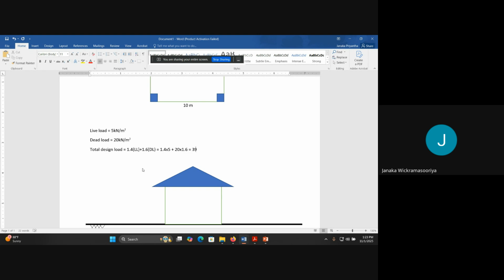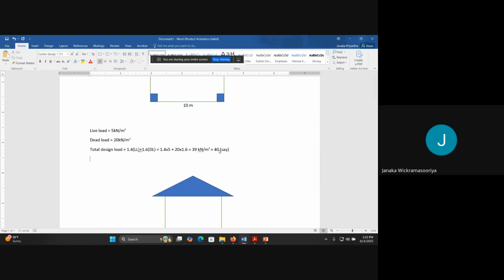That is 39 kilonewtons per meter square. Let's take it as 40. Then the total load from the structure.